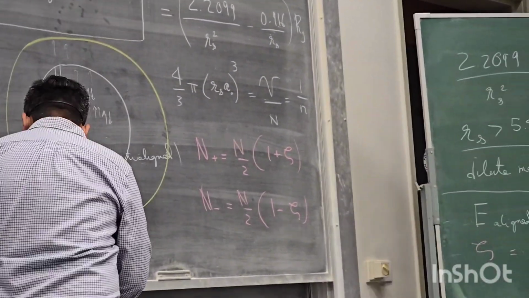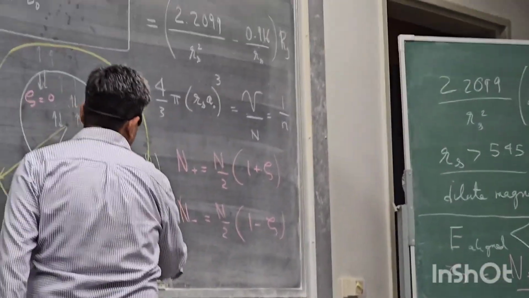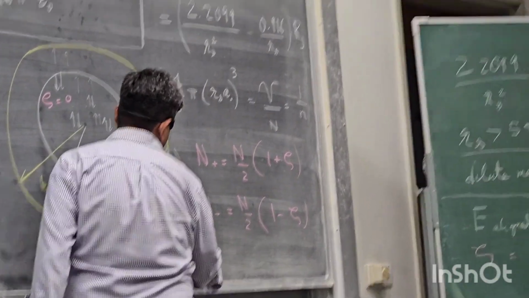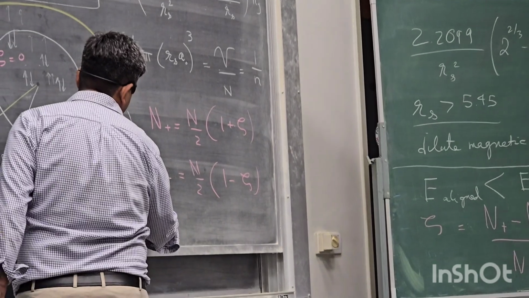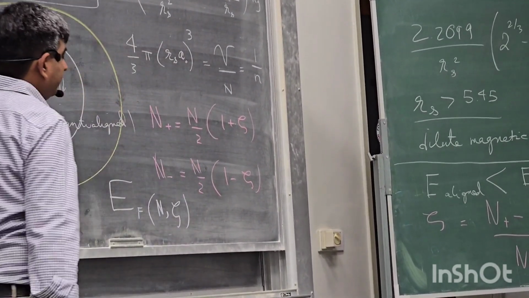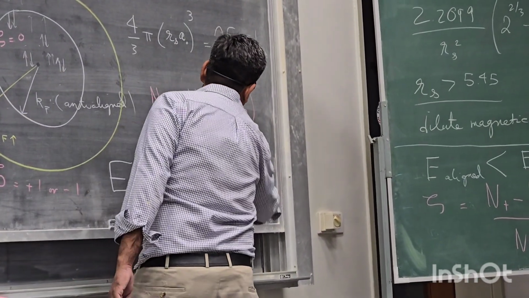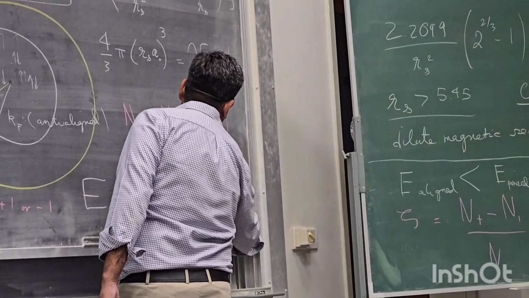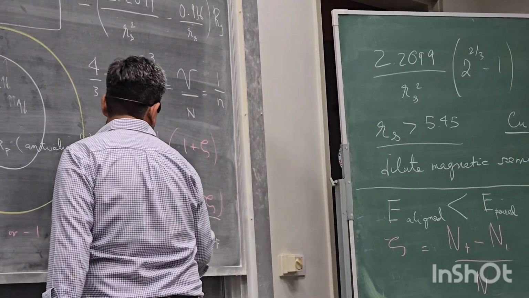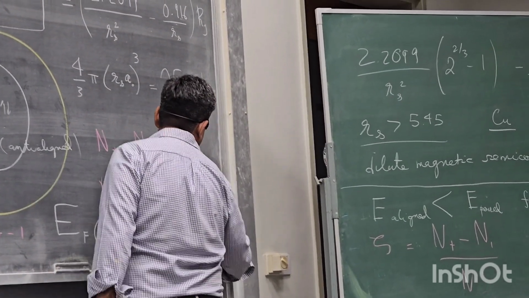Now, can you tell me what the Fermi energy would be for n electrons with spin polarization zeta, compared to the Fermi energy for n electrons with no spin polarization?